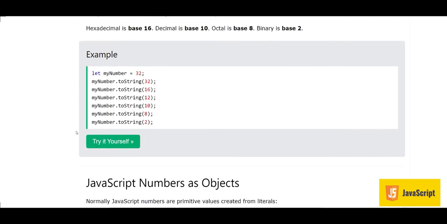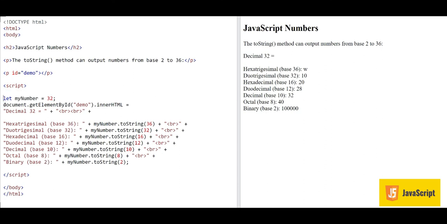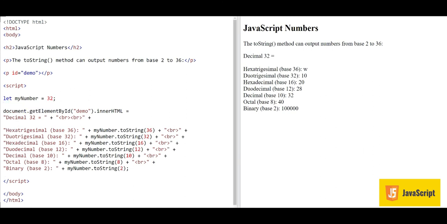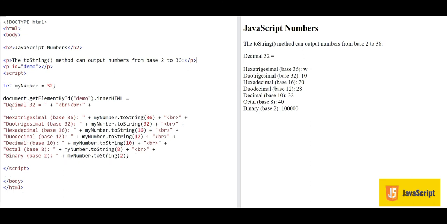Right, so let's look at this example. In this example, what's going to happen? We have a number, let myNumber = 32. My number is 32, and this I am displaying here as decimal 32.